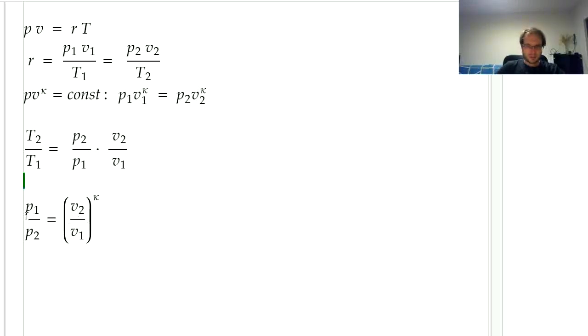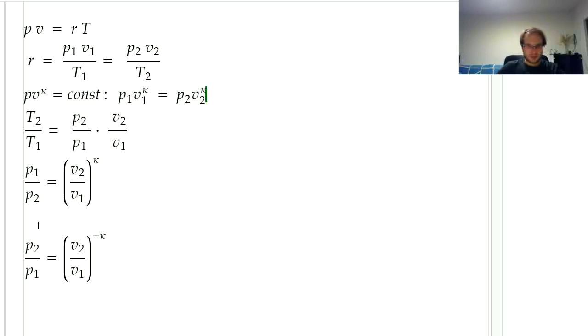Okay, now what we can do is take the inverse value, and the inverse value from this will be that we switch the P1 and P2 to P2 over P1, and on the right hand side, if we take the inverse value, it also works that we change the sign in front of the exponent.